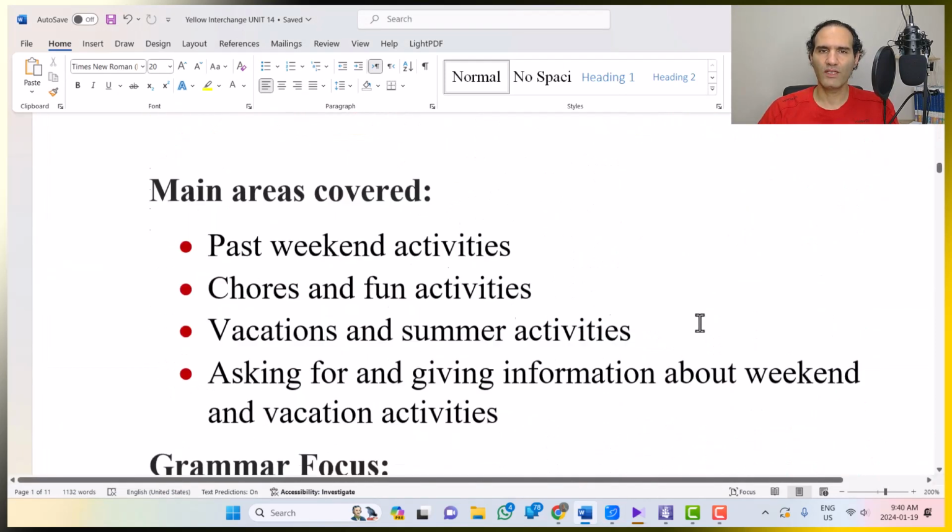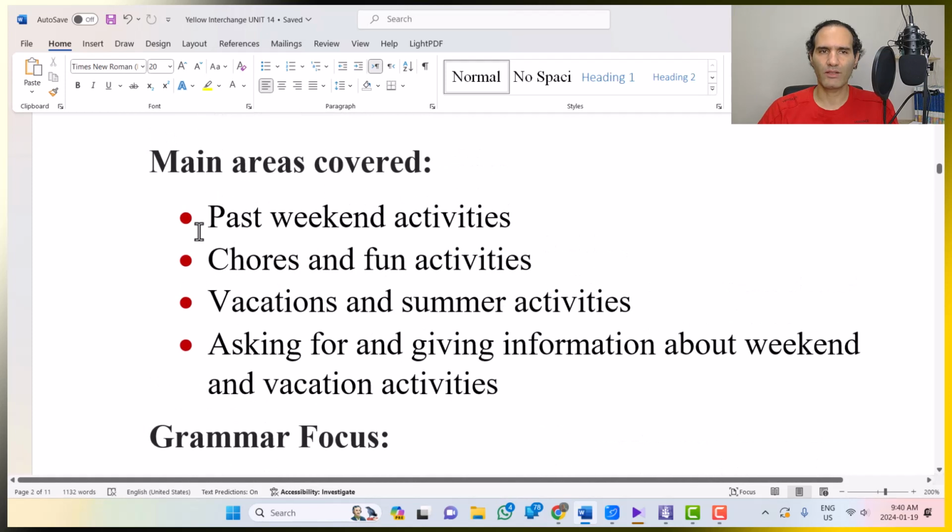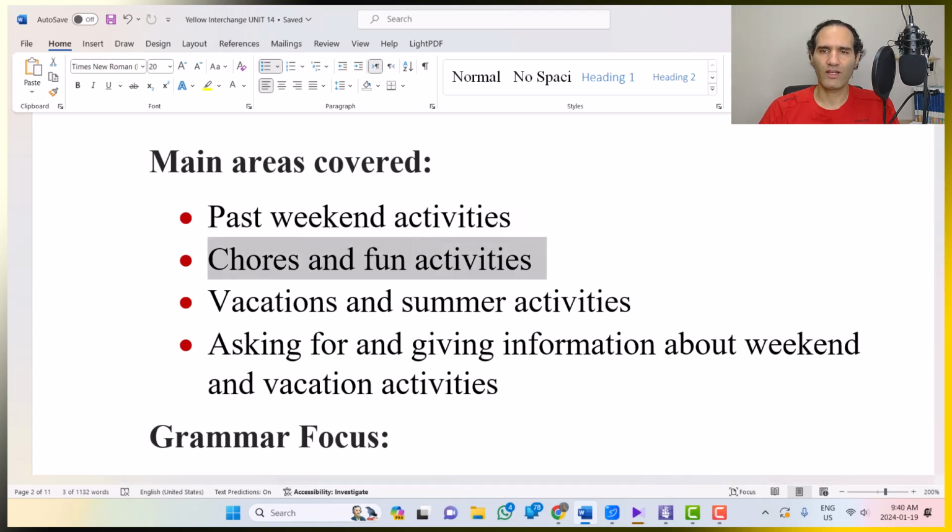Unit 13, I had a good time, and main areas that we are covering today are past weekend activities, chores and fun activities. Chores are the repetitive things that you usually do at home. For example, like doing the dishes, doing the laundry, cleaning the house, and things like that.